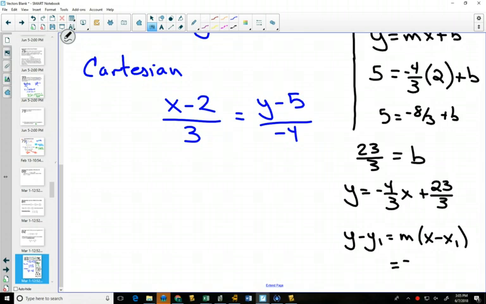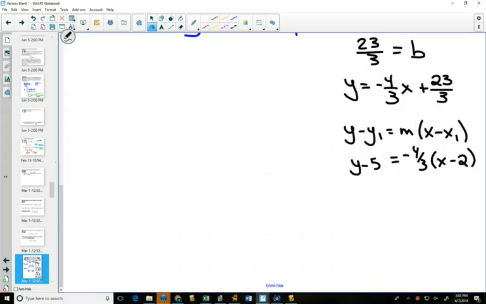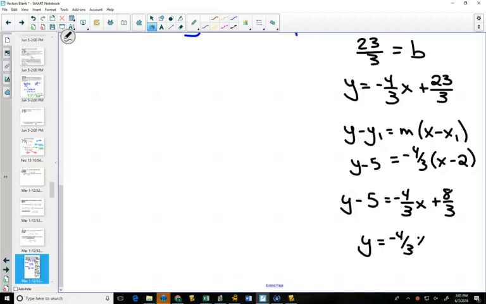Your slope is still -4/3. And you would have x minus 2, y minus 5, because your point is (2, 5). Okay? Multiplying this out, add 5 to both sides. It's the same equation.